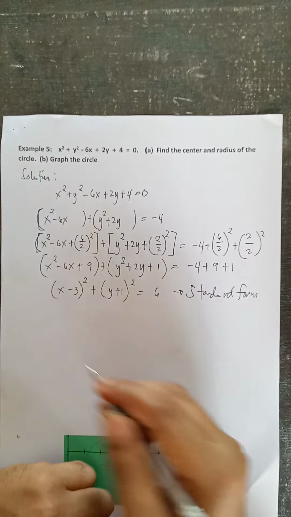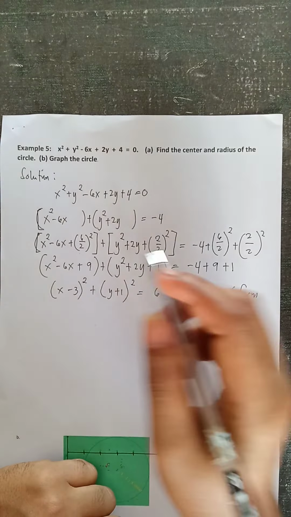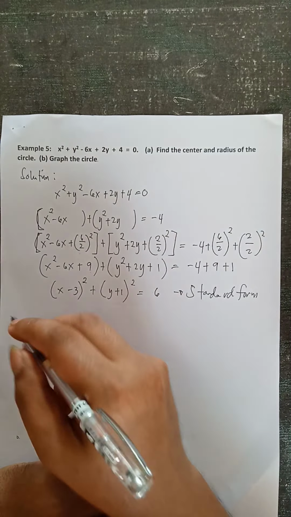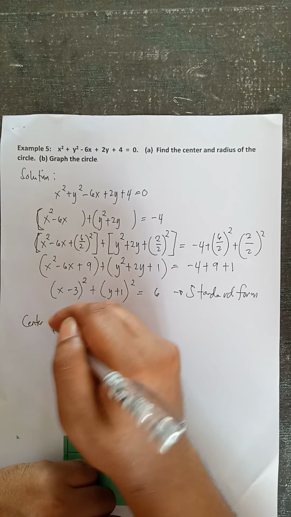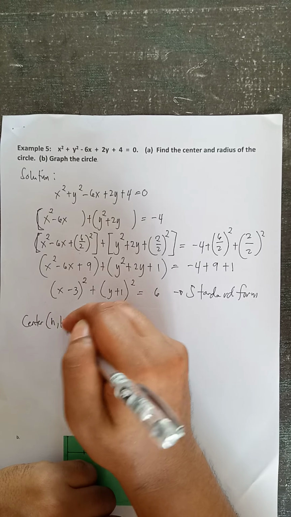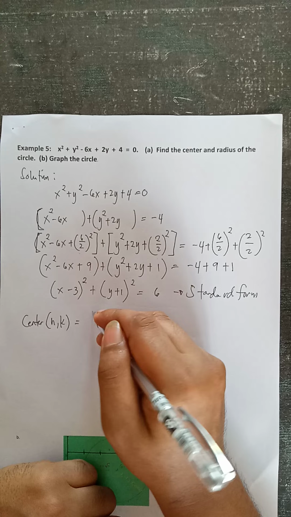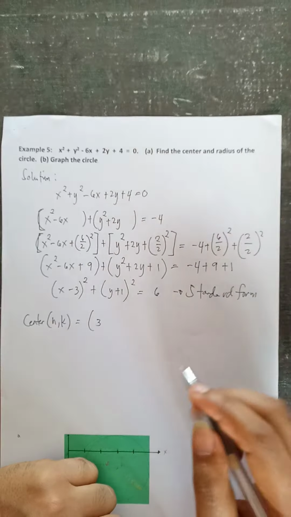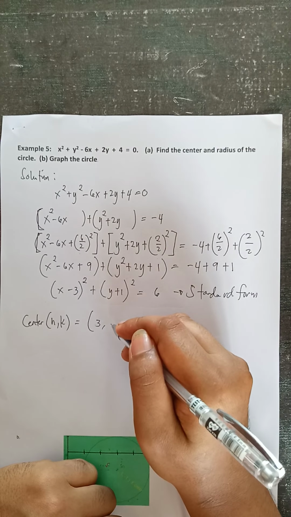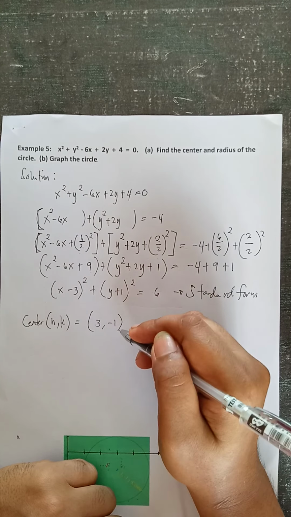So we can now find the values for the center as well as the radius. Center, h and k. So we have the center as 3 and negative 1.